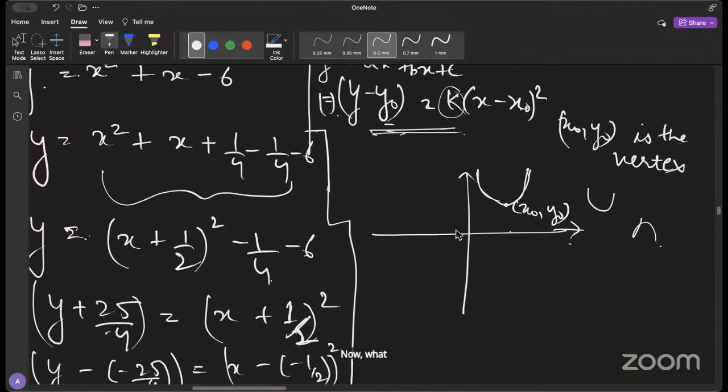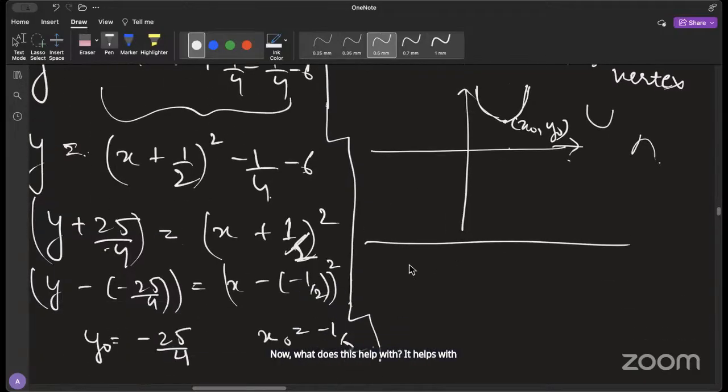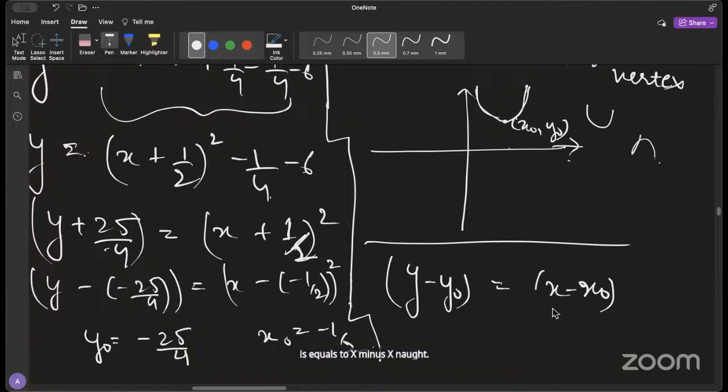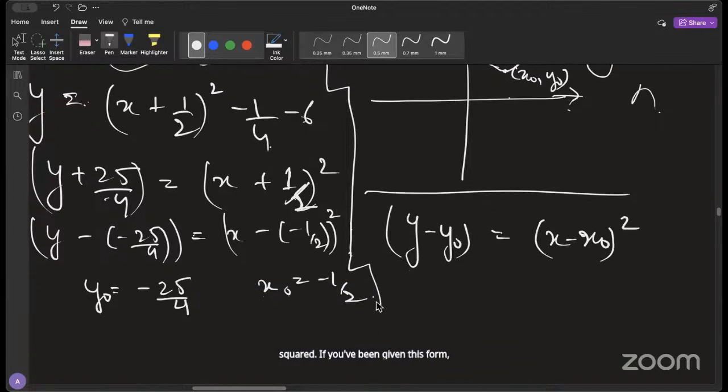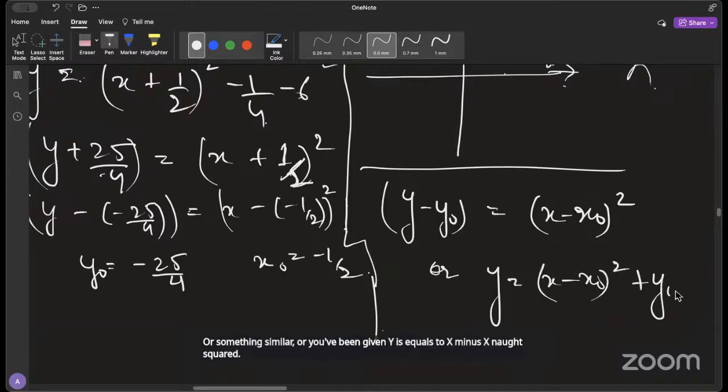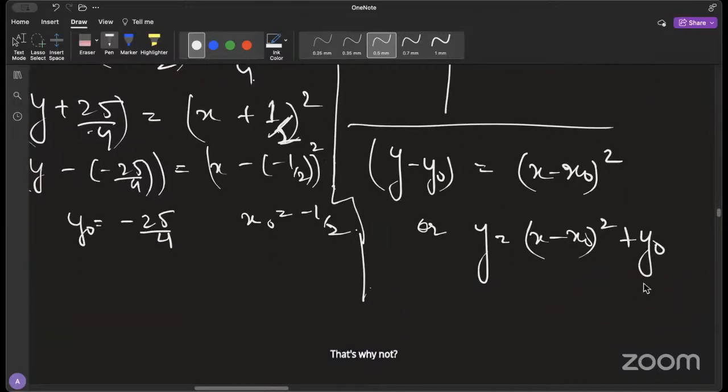Now, what does this help with? It helps with, let's say you've been given y minus y naught equals x minus x naught squared. If you've been given this form or something similar, or you've been given y equals x minus x naught squared plus y naught, something like this, then you can quickly tell the vertex from here, right?